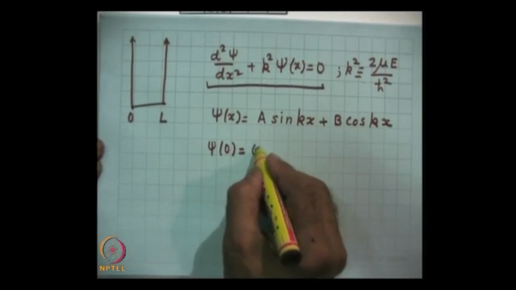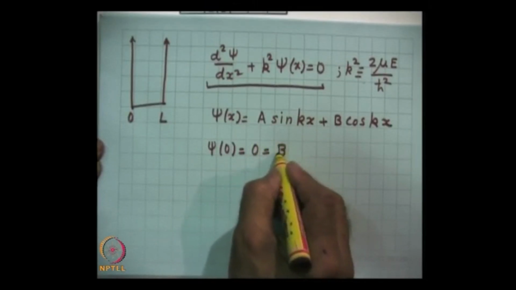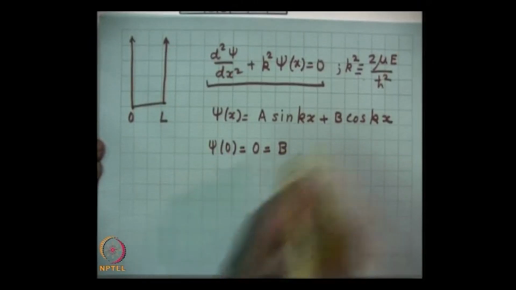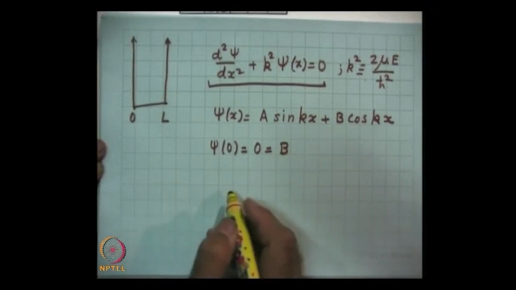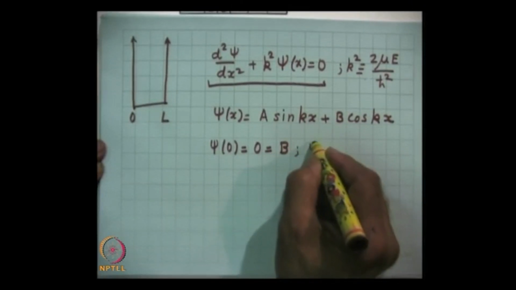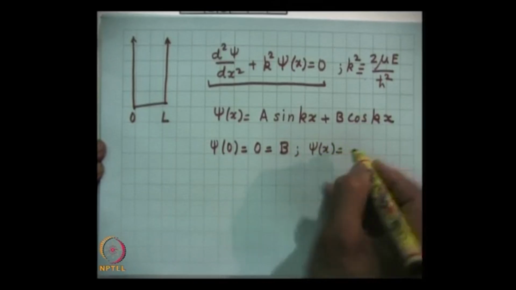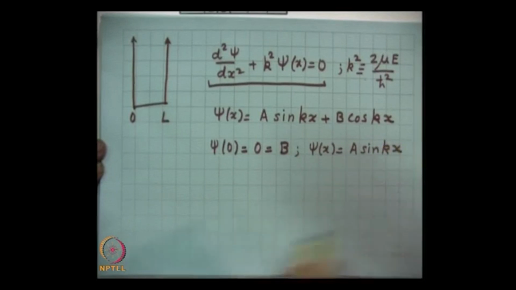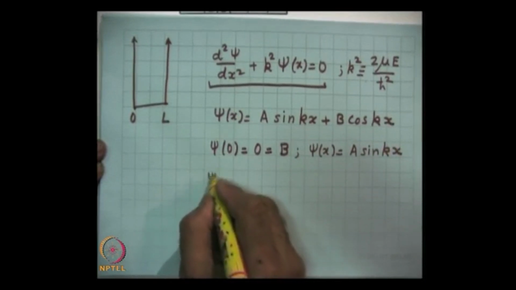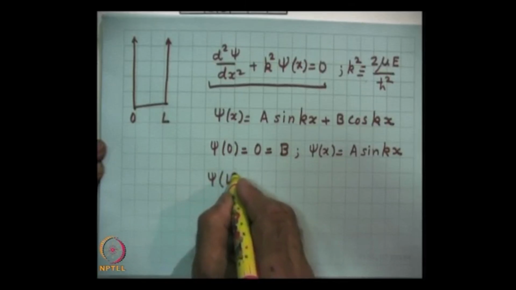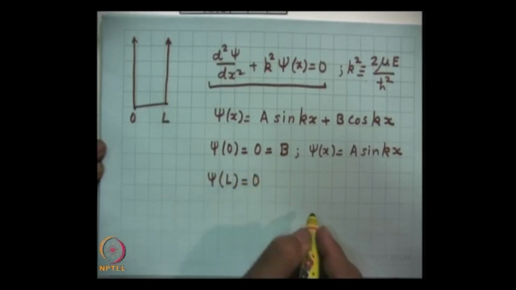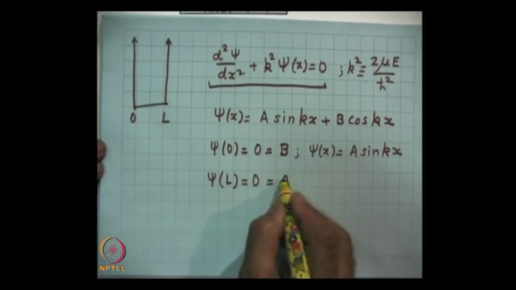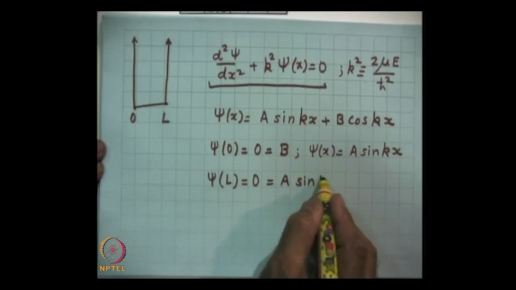So, psi of 0 is 0, and that must be equal to b. So, b is 0, and the solution of my Schrodinger equation is a sin k x. Then I apply the second boundary condition, that psi at x equal to L is equal to 0. So, b is already 0, and this will be a sin k L.